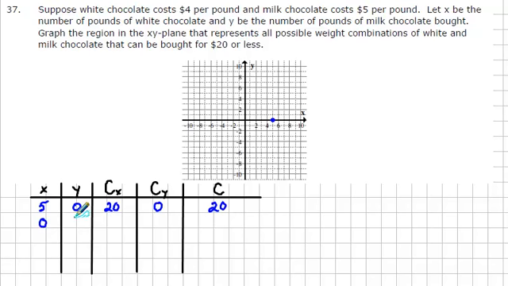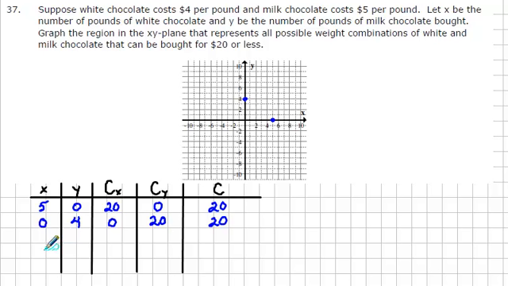So if we wanted the most amount possible, we put 4 for y, in which case the cost of the white chocolate would be 0. The cost of the milk chocolate would be 20. And when we add the two costs together, we end up with 20. So another possible xy combination is (0, 4). So let's plot the point (0, 4) in the xy plane.